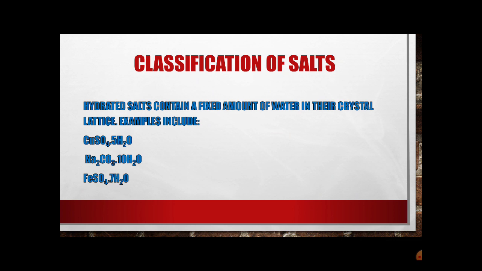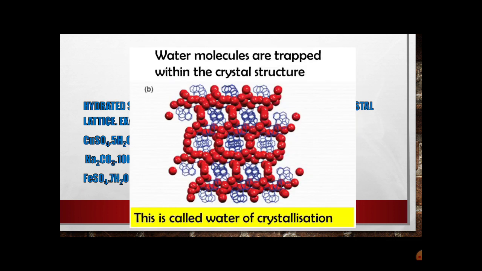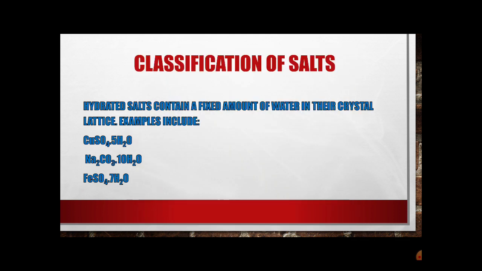Hydrated salts, on the other hand, do have water in their crystal lattice, represented by blue in this diagram. Hydrated salts have water represented in their formula. Hydrated copper sulfate has the formula CuSO4.5H2O.